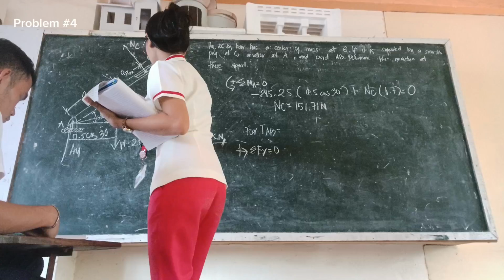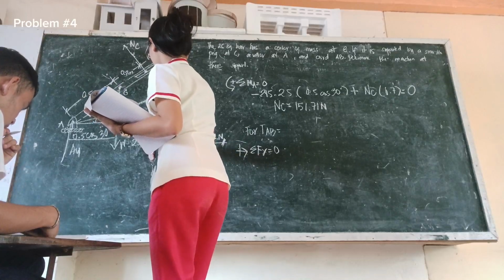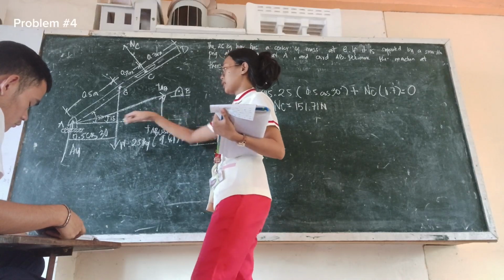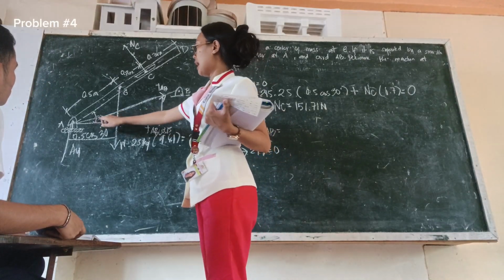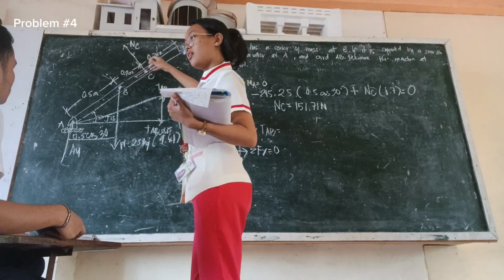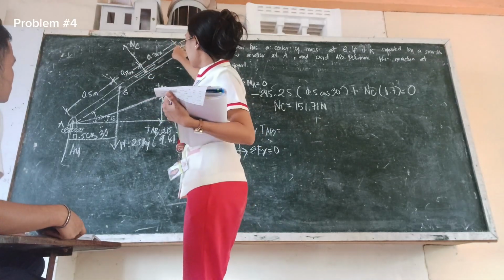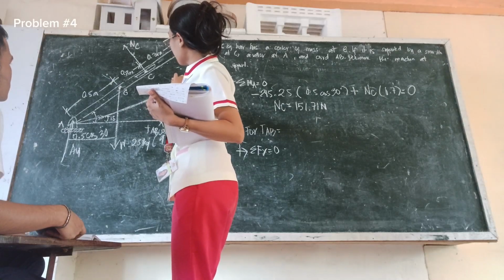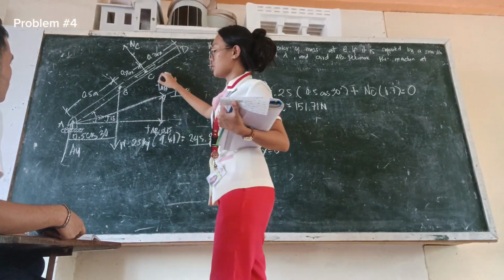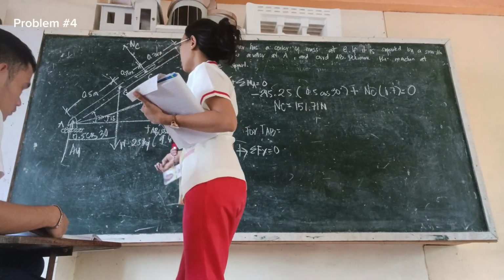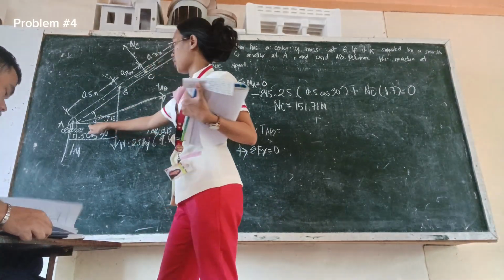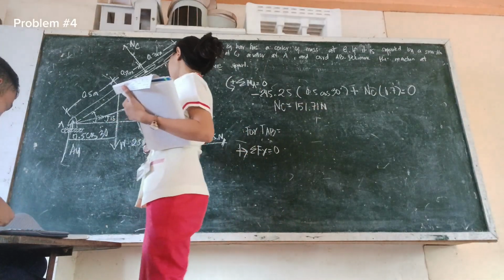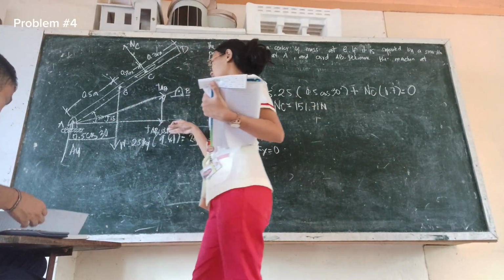So, TAB cosine 15. Cosine 15, because as the figure shows, we have two angles, which are 30 degrees and 50 degrees. So we are now going to use the 50 degrees. That's why we come up with TAB cos 15.